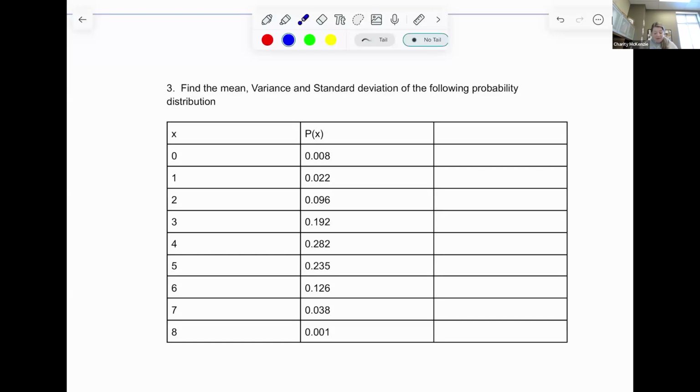It has to add to 1. Oh, I missed the plus 0.192. We're good. It equals 1. So check that. They better add to 1 every time, or you don't do anything with it.